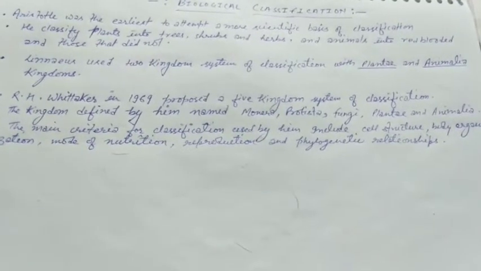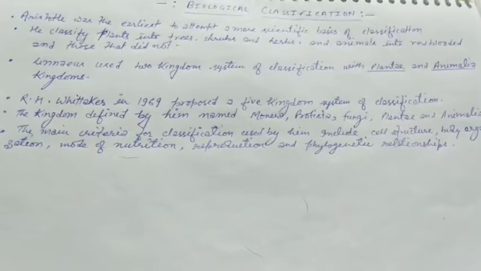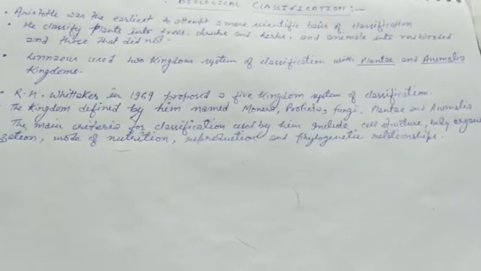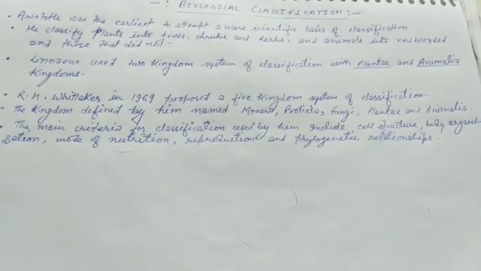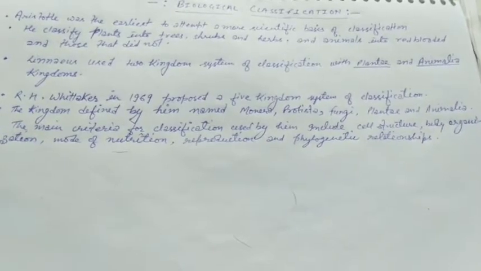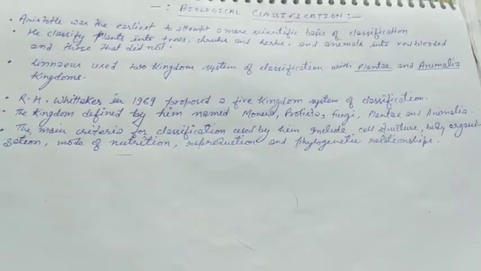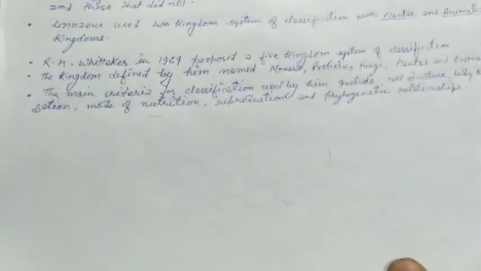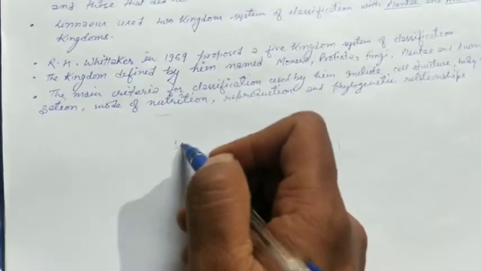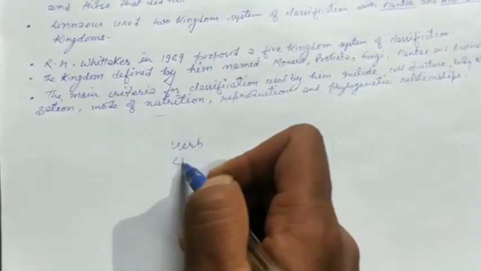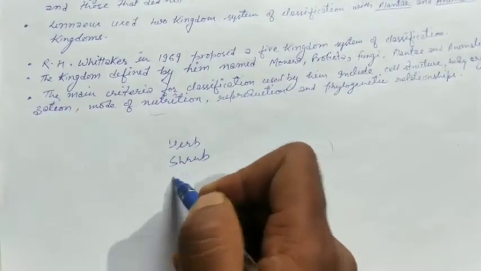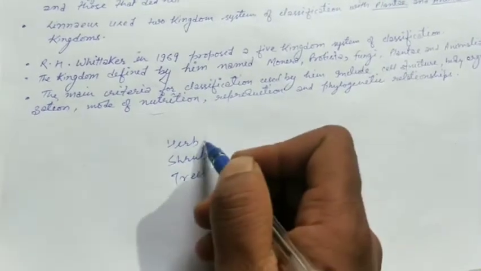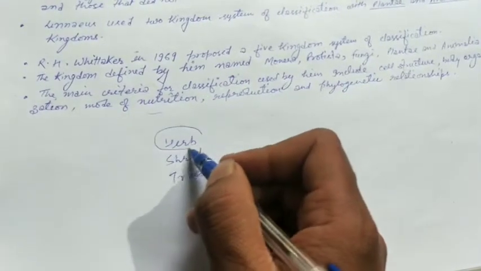So animals having red blood and animals having blood of a color different than red. And plants into three main categories, which are known as herb, shrub and trees.